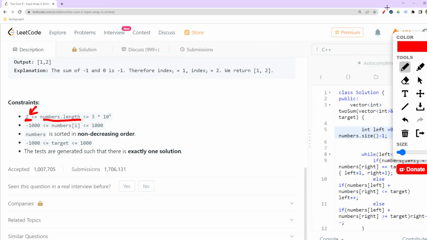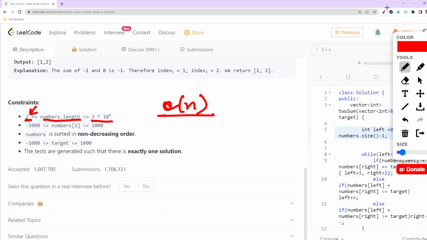Because it is starting from 2 only, and it will go at max to 10 raised to power 4 elements. So as it's 10 raised to power 4 elements, we can go ahead with a log n solution, not log n but an n solution also, an order of n solution. We could traverse our whole array in order of n time also.